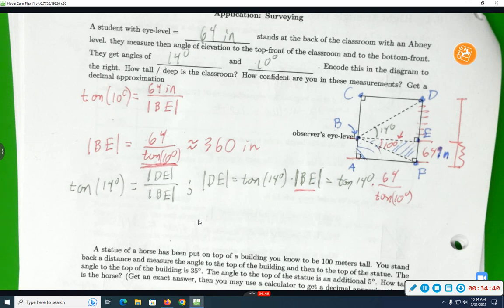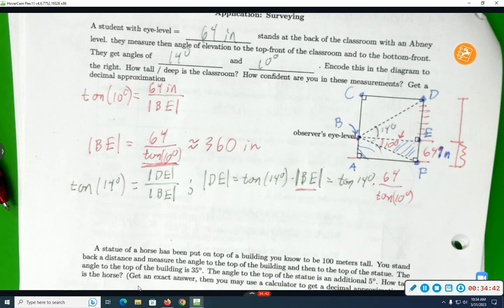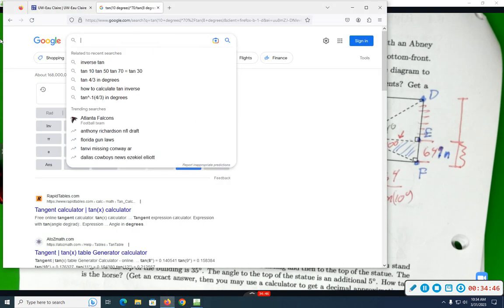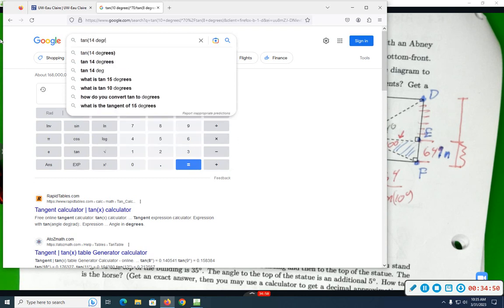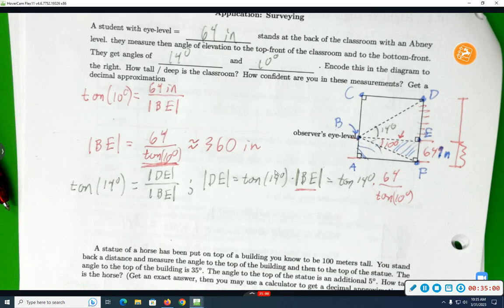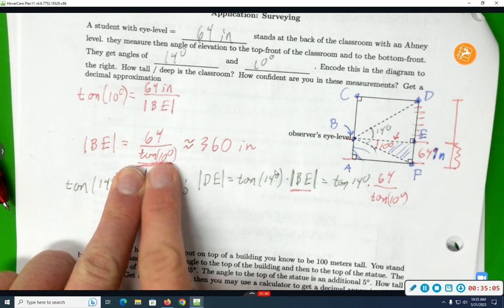All right. So, getting a decimal approximation, some of you maybe have calculators, some of you might not. Let's compute tangent of 14 degrees times 64 inches. Why would it be 64? Oh, it wouldn't, because BE has the 64 in it.